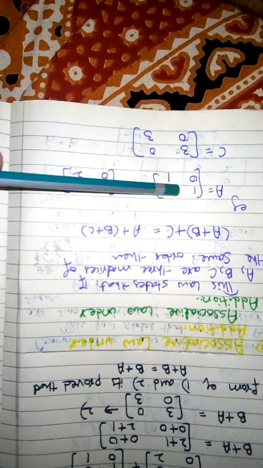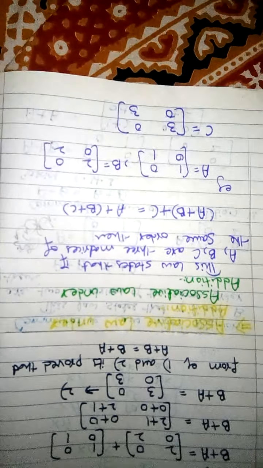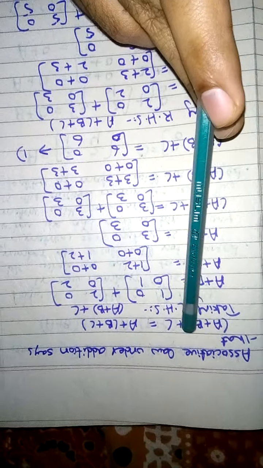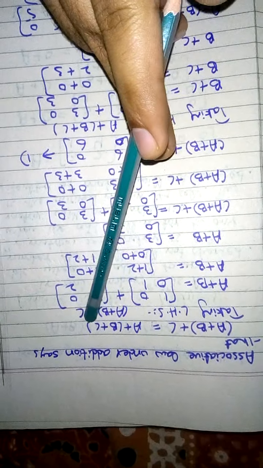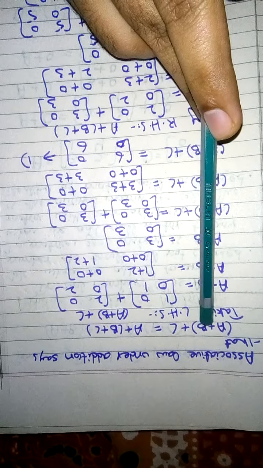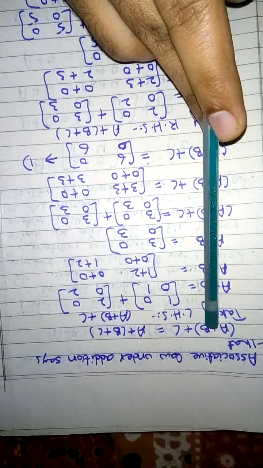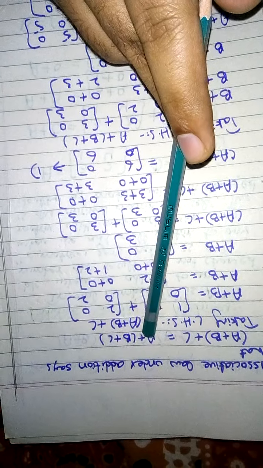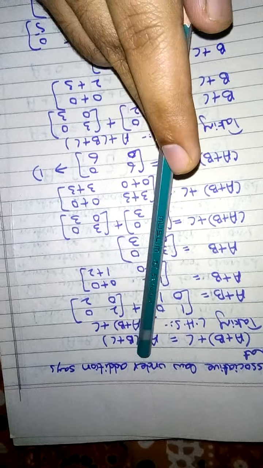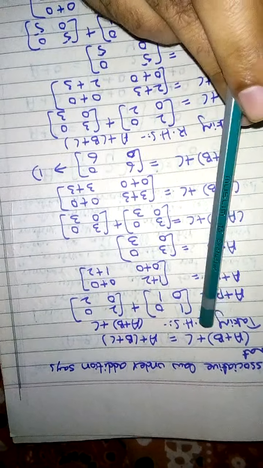For example, look here, we have three matrices of the same order, and the associative law says that (A + B) + C equals A + (B + C). That is, on the left hand side we add the first two matrices and then add the third matrix, and on the right hand side we find the sum of the last two matrices and then add the first matrix to the sum. The answer will be the same.